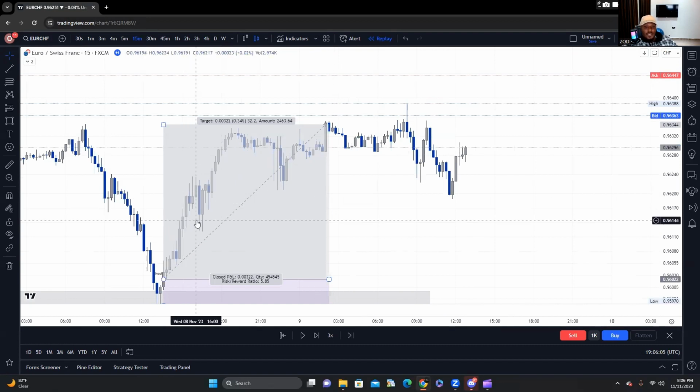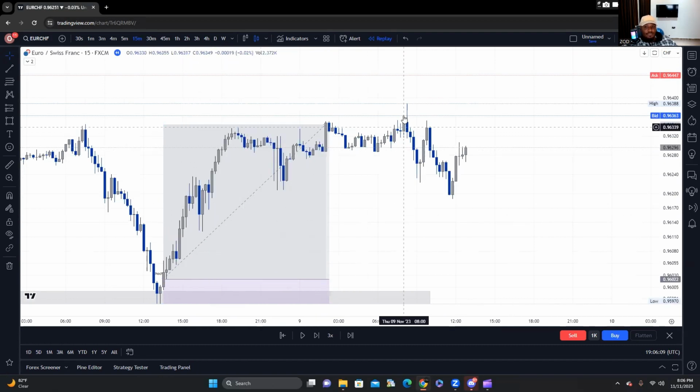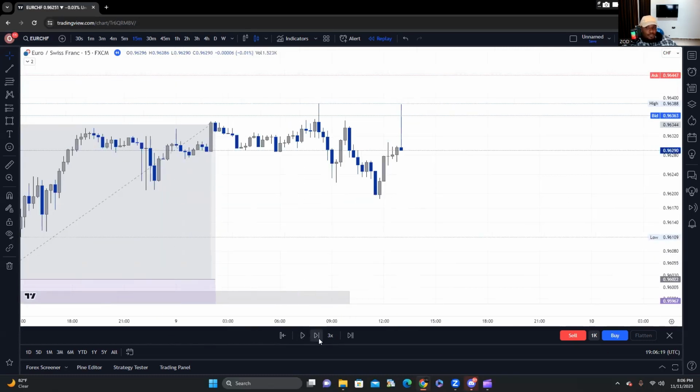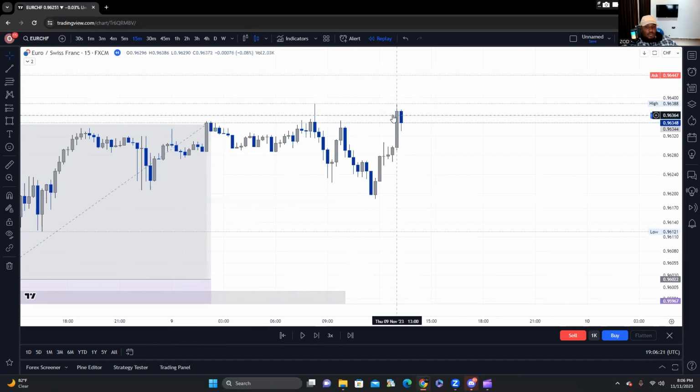Now from the 15-minute time frame, you see that price is making a series of higher high, higher low, lower low, lower high, lower low, right? So I have a lower high here. This is ideally a change of character.